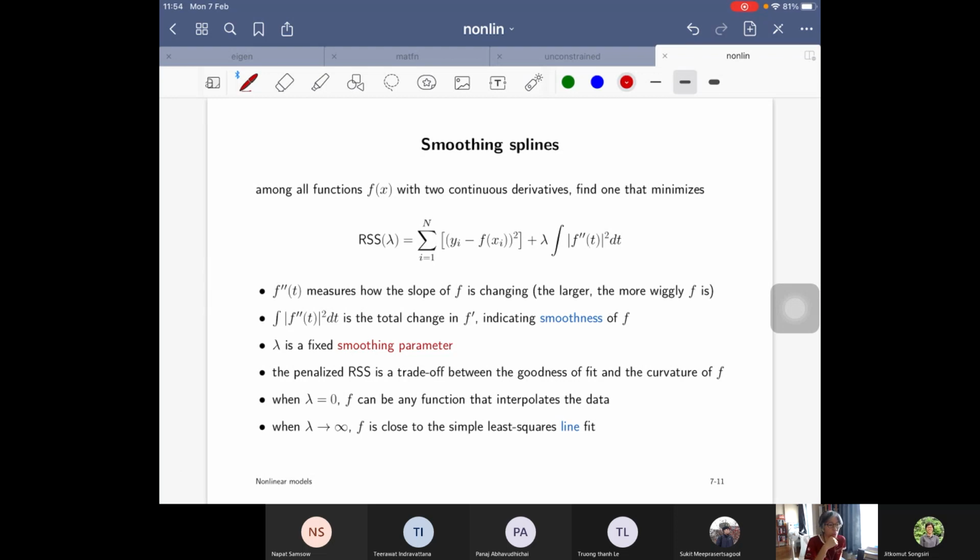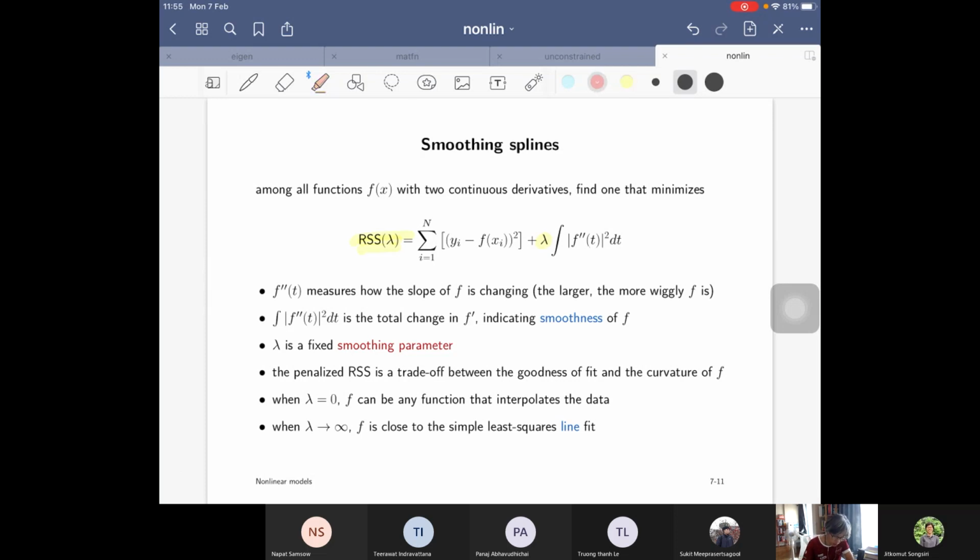Suppose we have the problem that we want to find some function that has 2 continuous derivatives, f prime and f double prime, and you want to find the one that minimizes this loss function. The loss function has a parameter lambda.